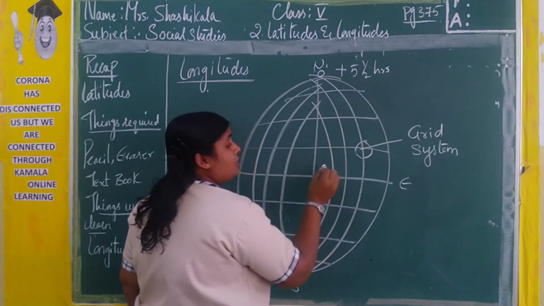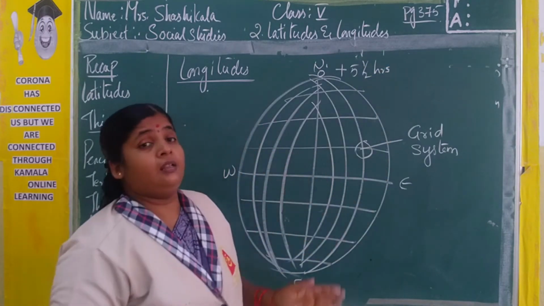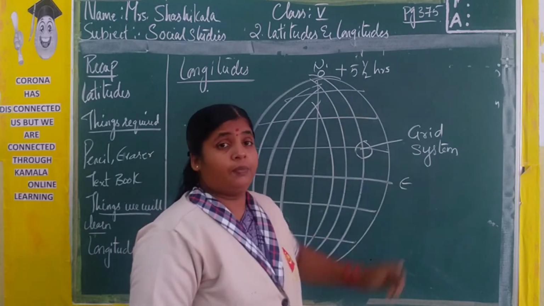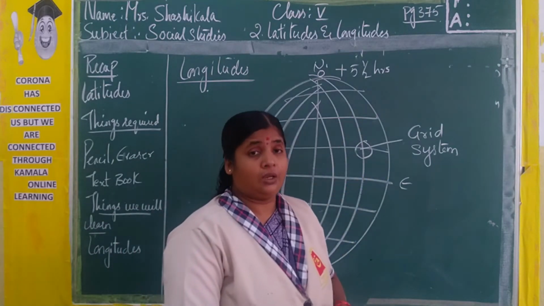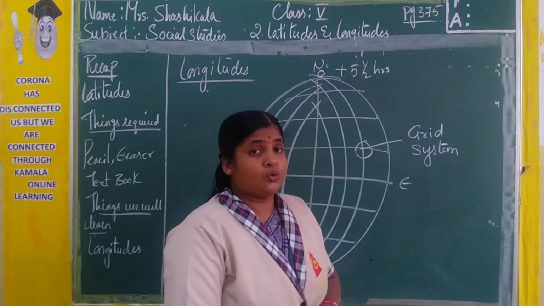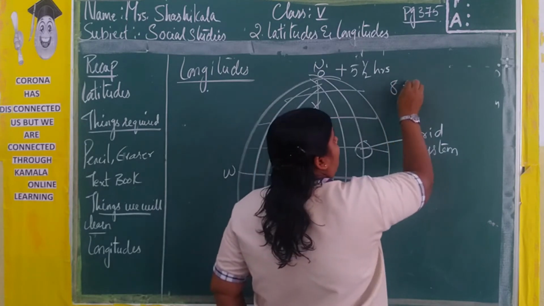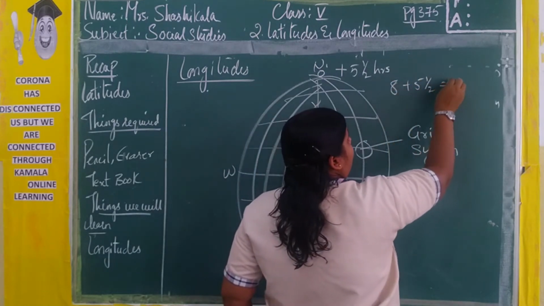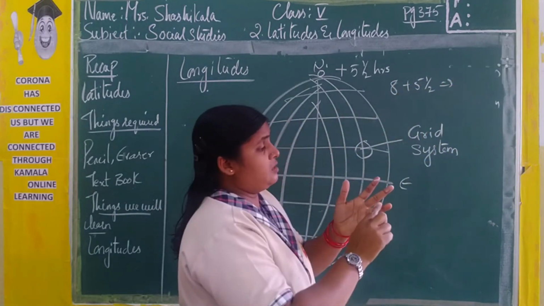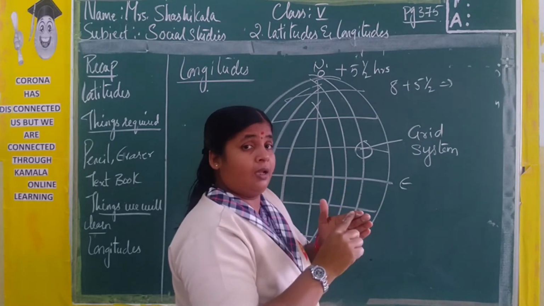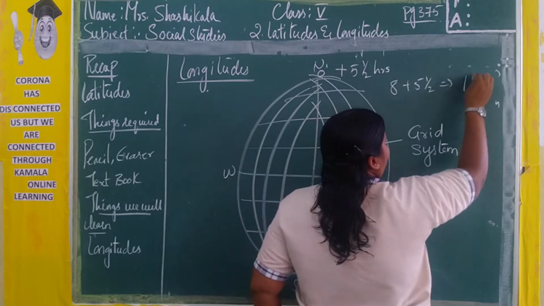From one country to another country, if we keep on adding 5.5 hours to the time, we get the time of that place. Suppose now 8 o'clock is going on. 8 plus 5.5 hours: 8, 9, 10, 11, 12. We don't have 30, so we take it as 1.